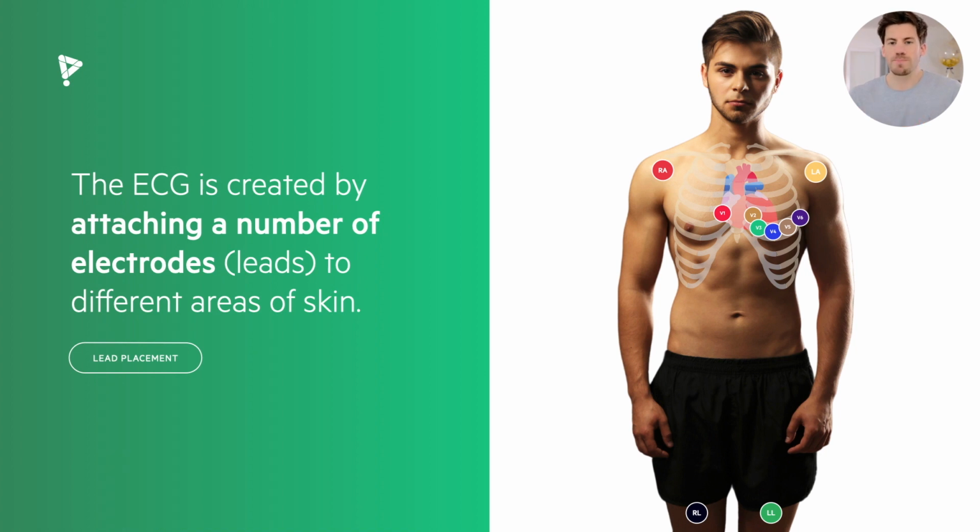And remember, it's 10 leads, but we then get 12 views. That's because the additional views come from the difference between several of the limb leads, which creates these other views. So we have the 6 views from looking at the chest leads, and then we get 6 views from different formulations of the limb leads.